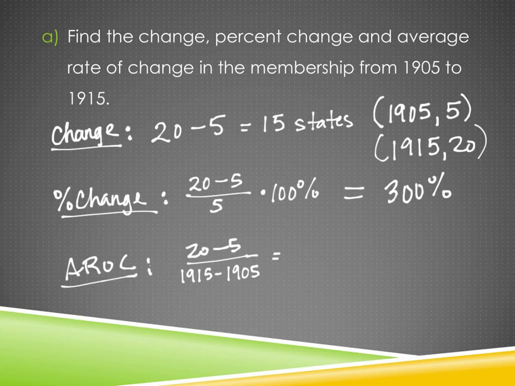So we've got 15 over 10, which gives us what? 1.5. 1.5 what? States per, it is per year, right? Because we're dividing by a number of years. This is states per year.